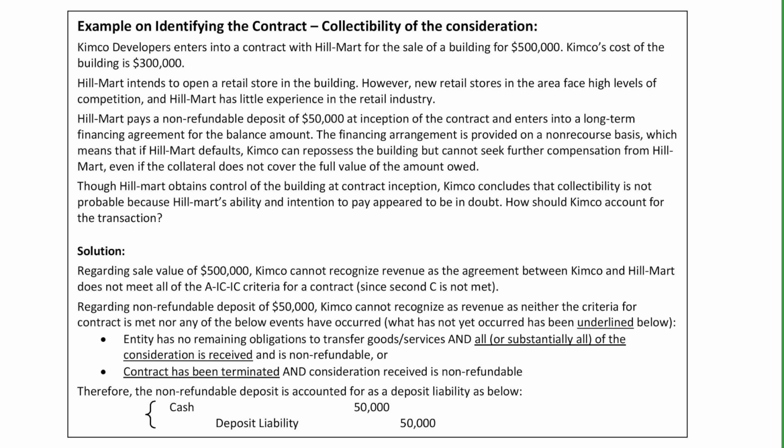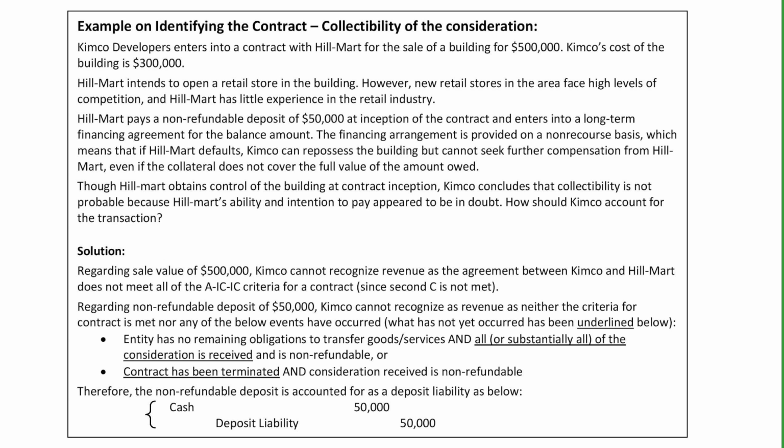However, new retail stores in the area face high levels of competition and Hillmart has little experience in the retail industry. Hillmart pays a non-refundable deposit, an advance of $50,000 at inception of the contract and enters into a long-term financing arrangement for the balance amount.